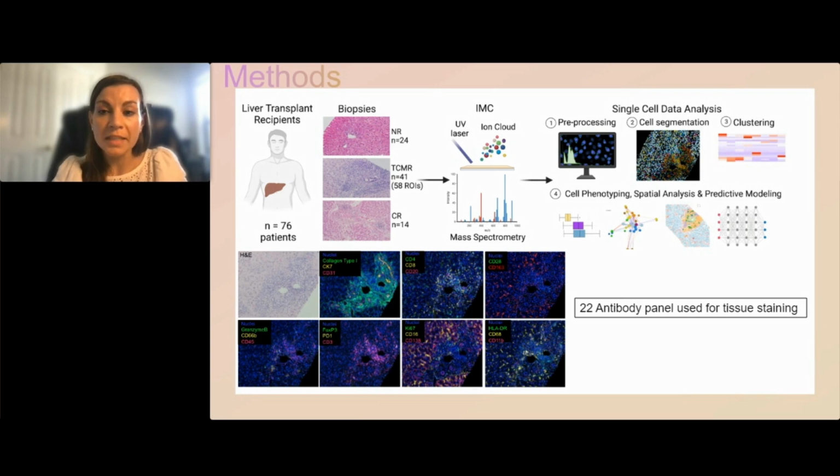Those FFPE slides were stained with a 22-antibody panel that included most of the immunomarkers and 3 structural markers, such as collagen type 1, CK7, which was used for bile duct identification, and CD31 for endothelial cells.